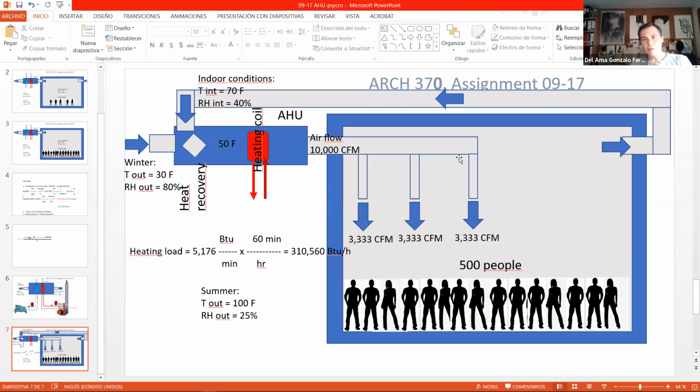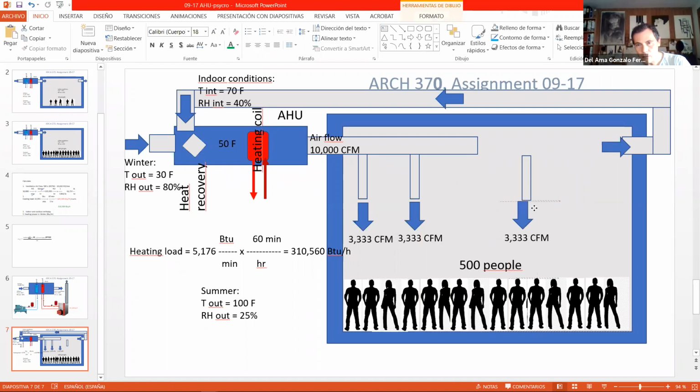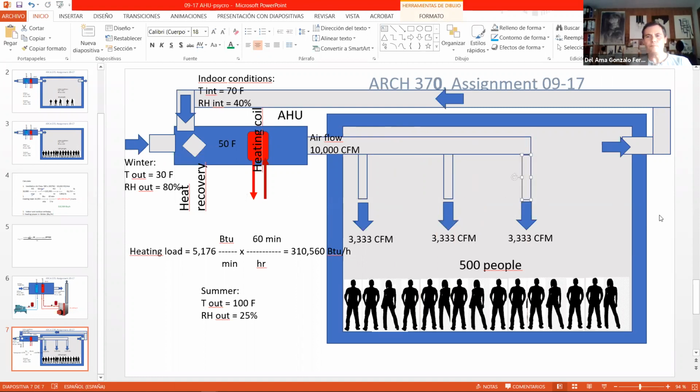Okay, so each diffuser, let's move it here. There you go. Okay, so we have 10,000 here. Through this diffuser, we have 3,333. Through this one, we have 3,333, and this one.